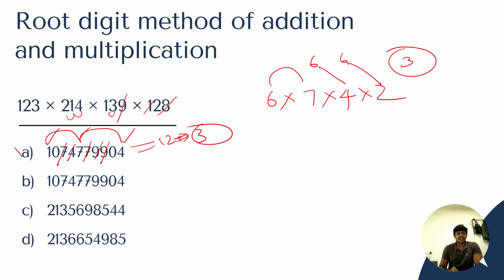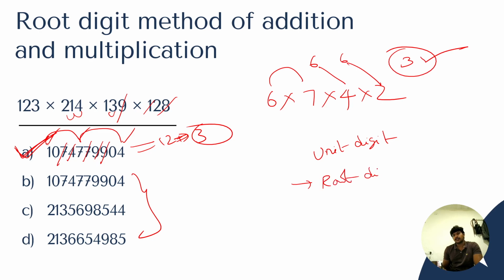So as the first option has the same root digit as the question, that will be your answer. You can check the remaining. You are going to get different root digits. So remember, first you are going to go with the unit digit, then you are going to go with the root digit. These are just simplification techniques so that we can reach the answer somewhat faster.